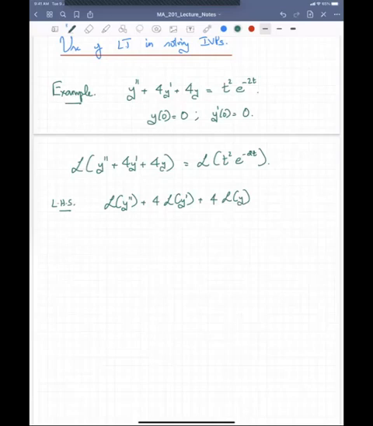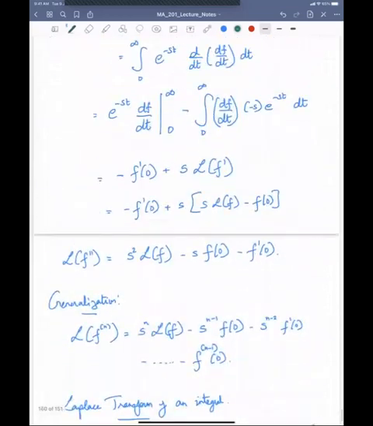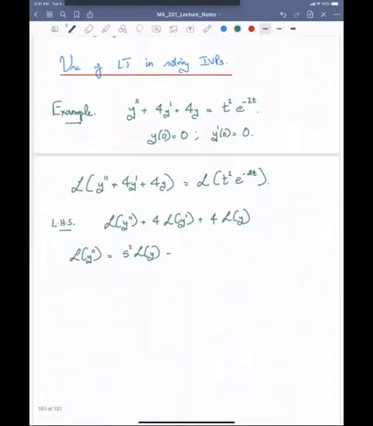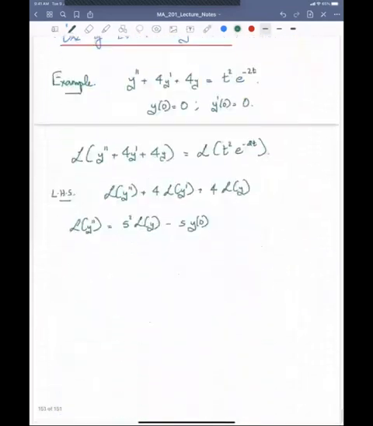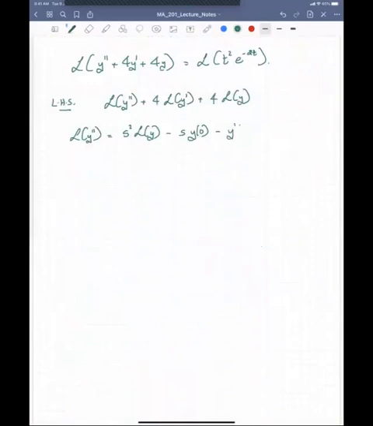Now, of course, I know the formulas. It's useful to write them down again. This is equal to s squared L of y minus s f of 0 and minus f prime of 0, so minus y prime of 0.